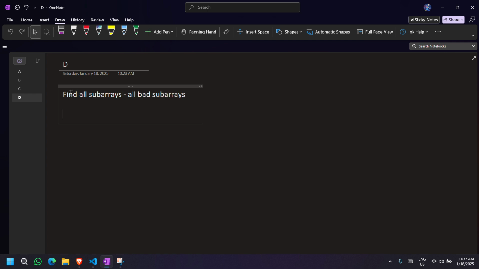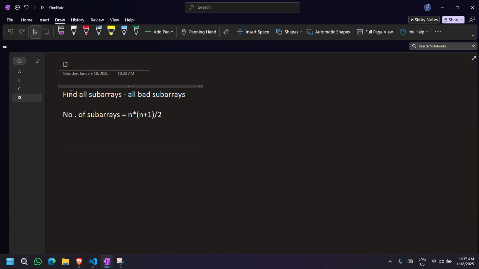Now, the number of subarrays is equal to n into n plus 1 by 2.